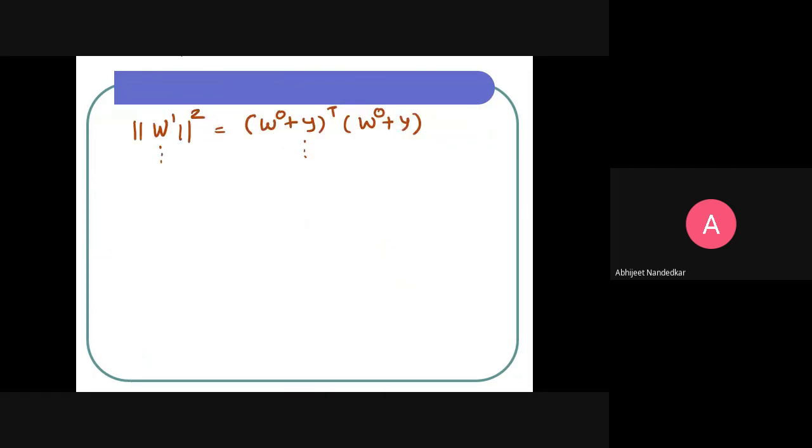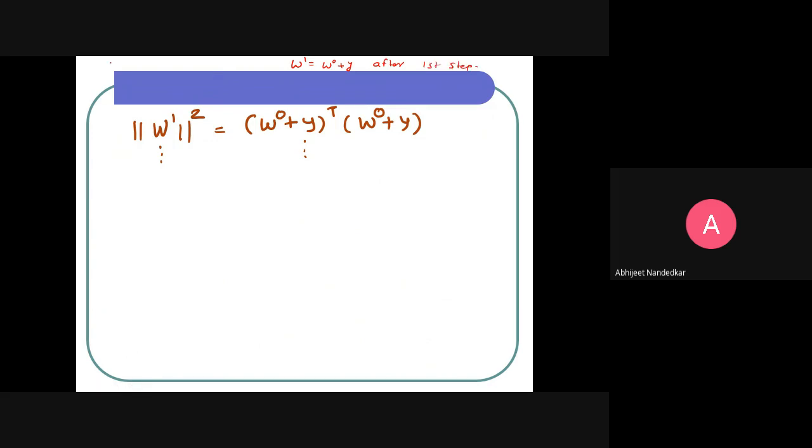So for the first step, norm of W1 vector square, that is when I say W1 is equal to W0 plus Y, so this is the weight vector after the first training step.